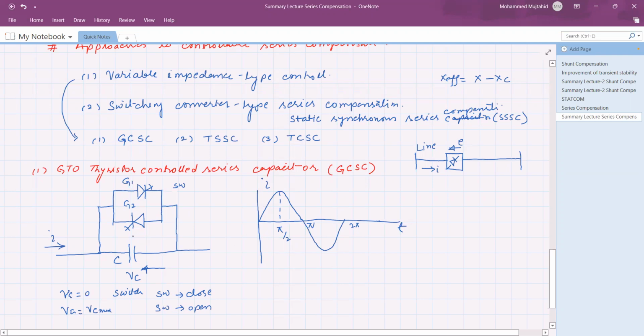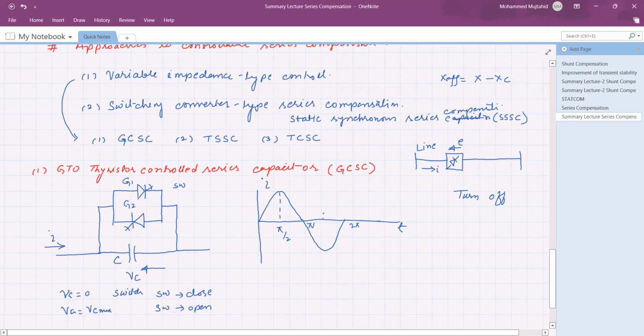First we'll write the turn off case. Turn off means that it is not conducting, so the voltage across the capacitor will be there and will be maximum. So here the voltage across the capacitor is maximum under the turn off condition, isn't it?